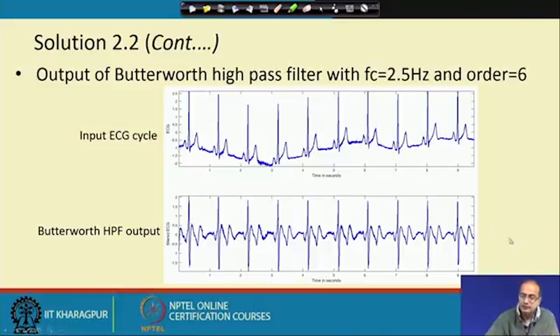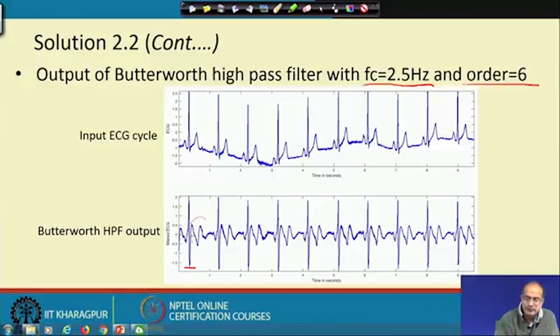Now, we try further, again we increase the cutoff frequency to 2.5 for the model order of the Butterworth filter equal to 6. For that again we see a good amount of distortion in the output waveform. The QRS complex is distorted, the T wave is distorted here in the output. Please look, this was the input T wave, how it is distorted.